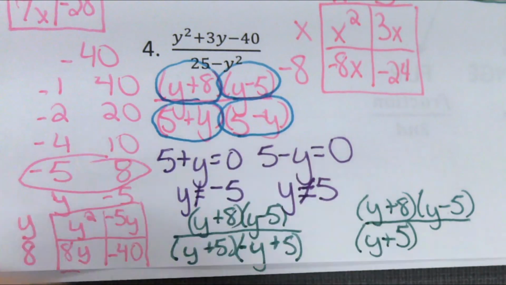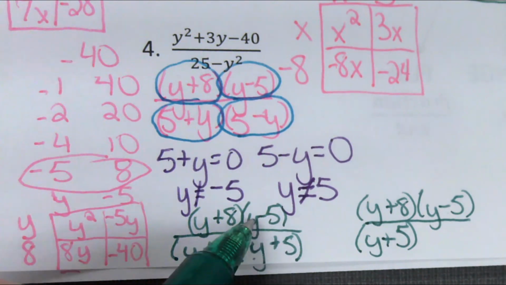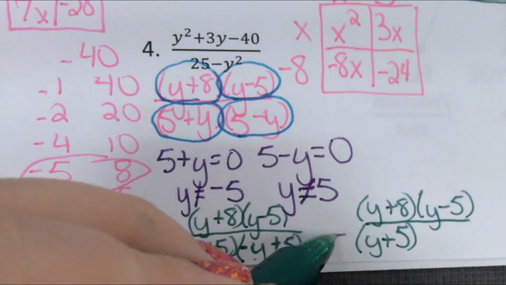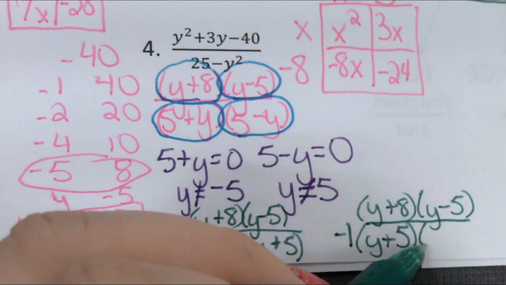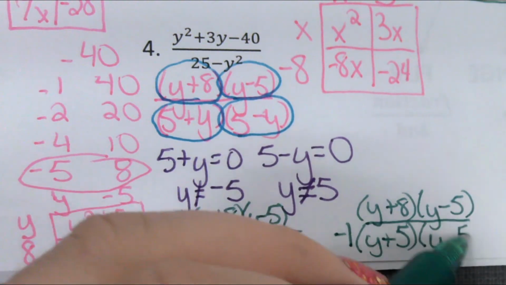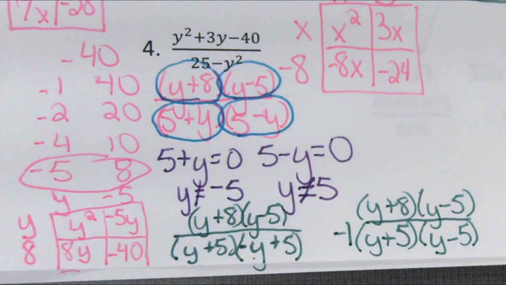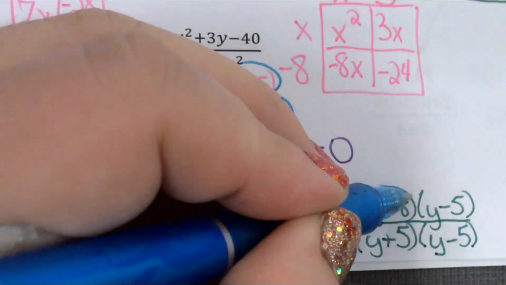-1 is not going to help our cause. But if I factored a -1 out here, I divide this by -1, giving me positive y, and this by -1, giving me -5. That's what I have on the top. So factoring out a -1, and I just put all GCFs in the front, would give me -1 in front and that y minus 5 that I was looking for. So when I go to circle all of my factors now, we should have identical factors that can cancel.